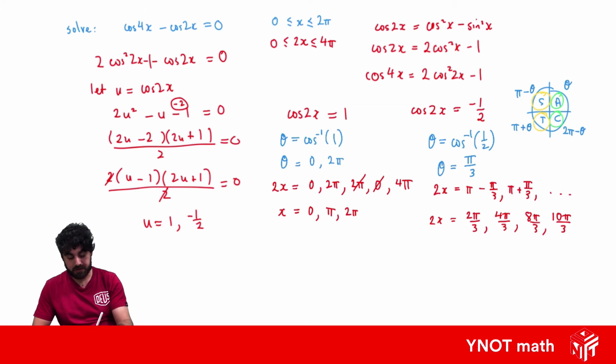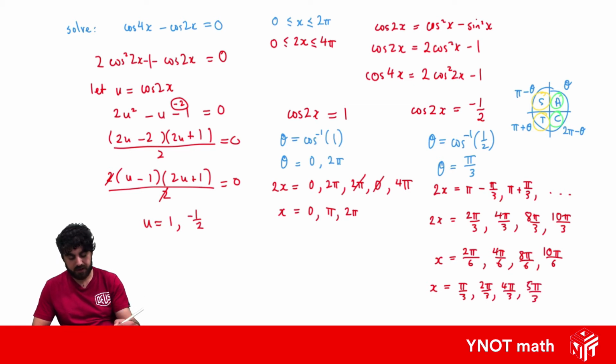Dividing all of those by 2, we're going to get 2 pi on 6, 4 pi on 6, 8 pi on 6, and 10 pi on 6. And we can simplify those to get pi on 3, 2 pi on 3, 4 pi on 3, and 5 pi on 3.